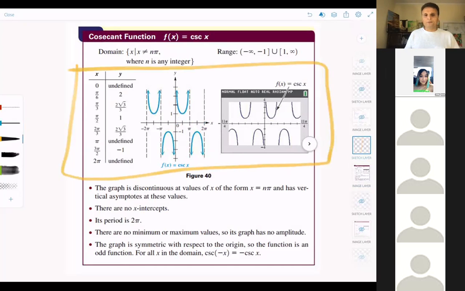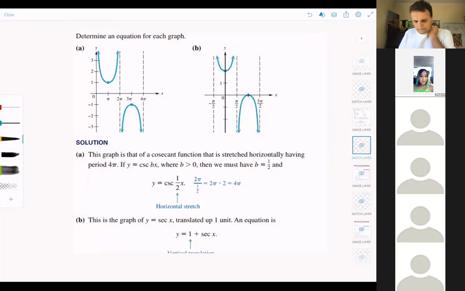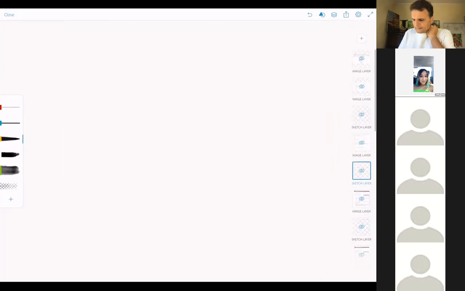You should have it in your note sheet. The period is 2 pi. This is a period, and then it keeps repeating like this, like this, like that. I don't need to go over this.